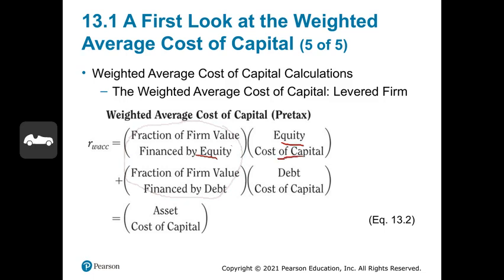We'll calculate that a little later. And then the fraction of the firm that's financed by debt, we're going to multiply by the cost of debt. And that's going to give us the cost of capital, or R sub W, the weighted average cost of capital. Okay, when we're talking about a levered firm, that just means that the firm has debt. So if the firm has no debt, and there are firms out there that have no debt, the chapter talks about them, right? They are not levered.